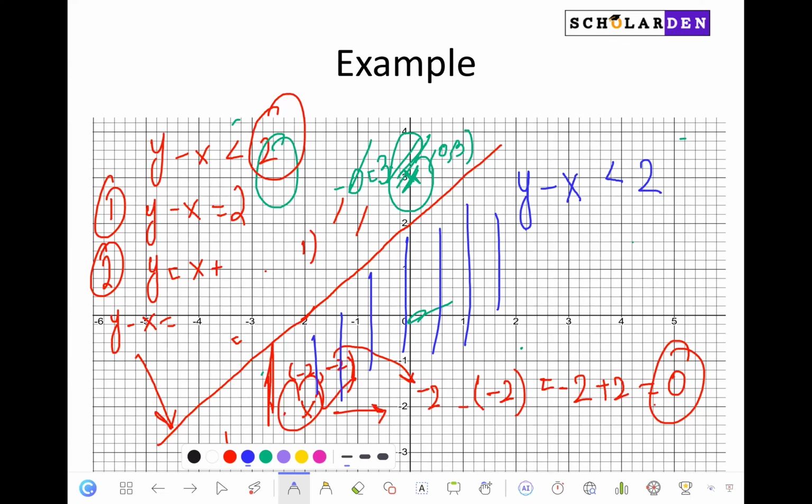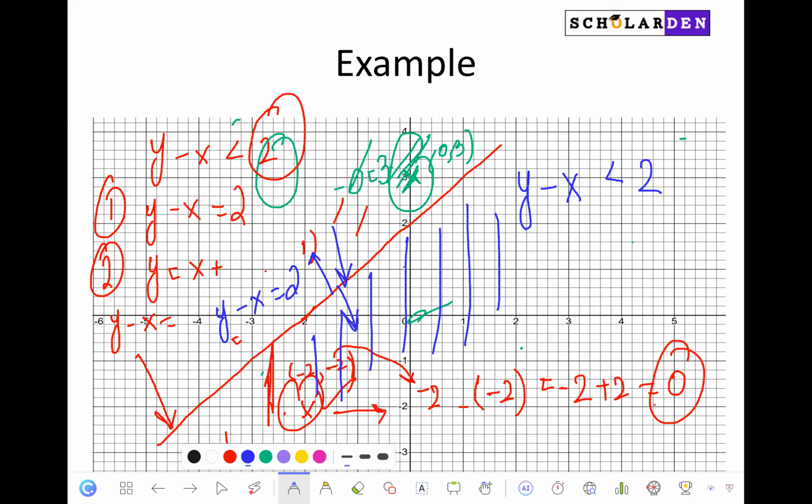So far, yes, we want to be confirmed about the regions, okay? The simplest way is to go either 1 point above or 1 point below, because this is the boundary. For this boundary, y minus x is equal to 2. So it is going to be above or below this.